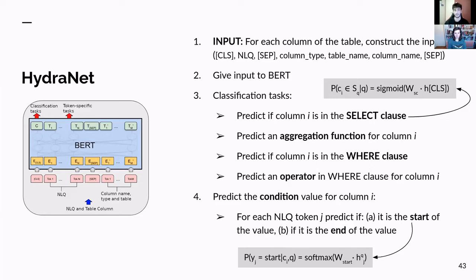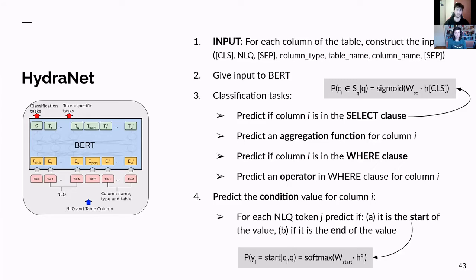And then we would use the classification token to perform some classification tasks, which essentially is predicting certain slots of the sketch. So we would predict if the column we're processing at the moment appears in the select clause using a very simple linear layer. We would predict which aggregation function should be used with this column, if this column appears in the where clause, and if it does, which operator should be used for this column in the where clause.